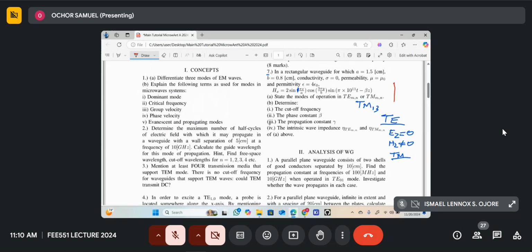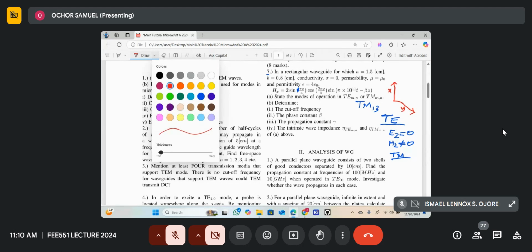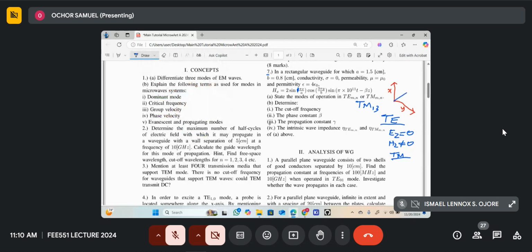Okay, if we draw a plane, for example, and you say this is the transverse, and then for TE, the TE mode, in the transverse plane we'll find the electric field, so in the X and Y. That's why we're saying for TE, Ez, this is along the direction of propagation, we have Ez being 0, but now Hz won't be 0.